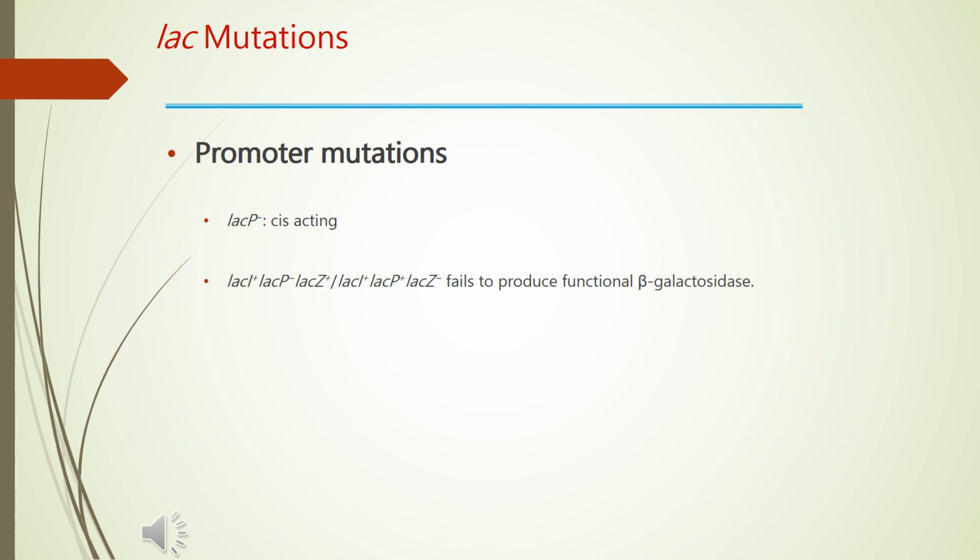Because what will be the problem? Lac P in one fragment of the partial diploid is mutated, so as it is a cis-acting one, it cannot produce a functional beta galactosidase.